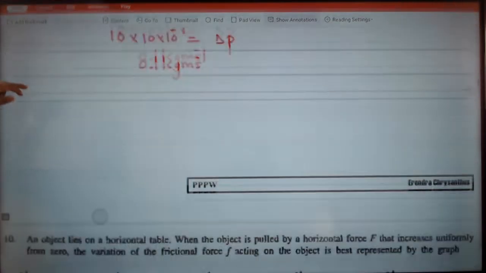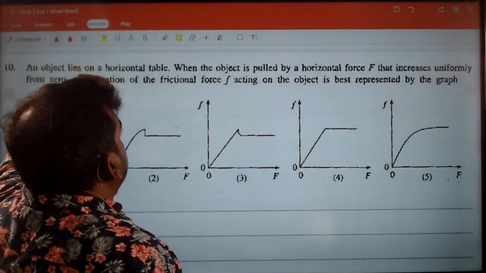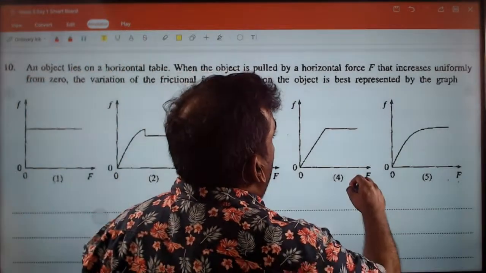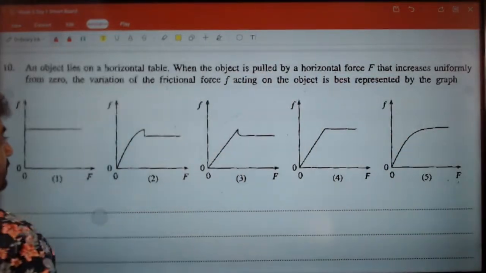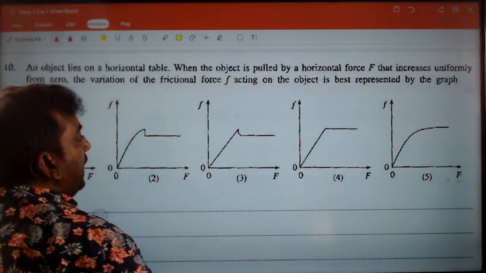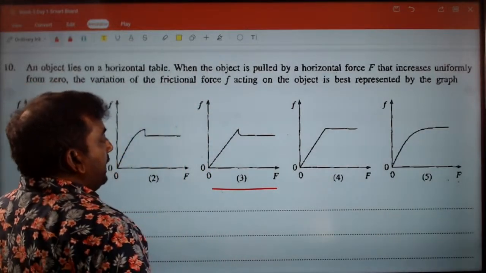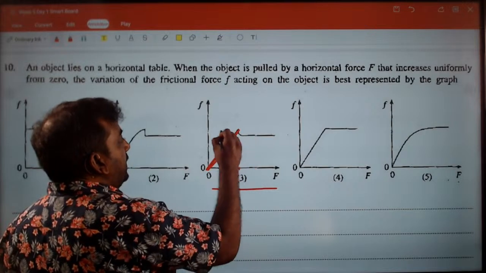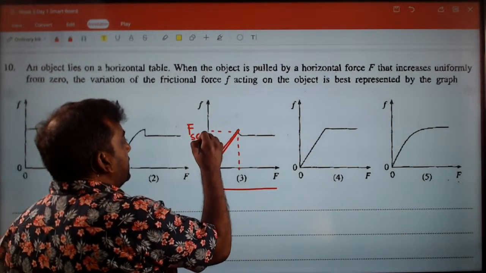Right. Moving on. An object lies on a horizontal surface. When the object is pulled horizontally, the horizontal force increases uniformly. The variation of friction force, famous graph. All of you know the correct answer is answer number 3. Linear variation. Here at this point it reaches limiting friction, Fs max.